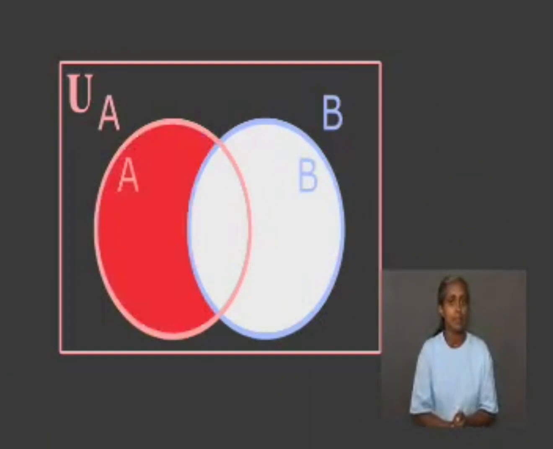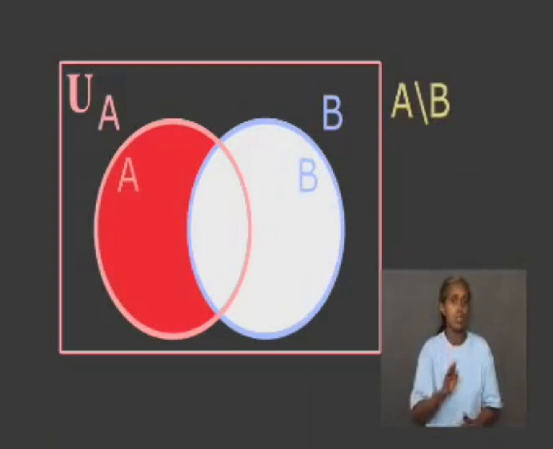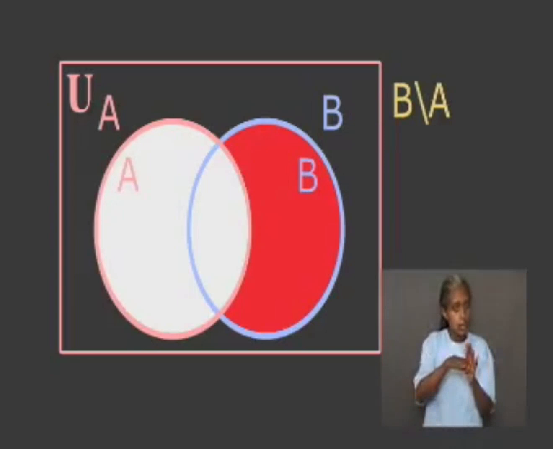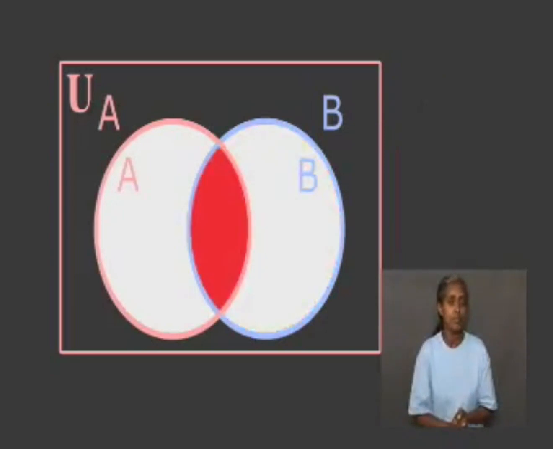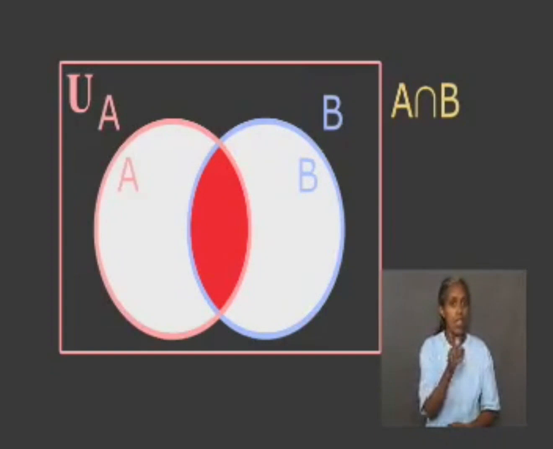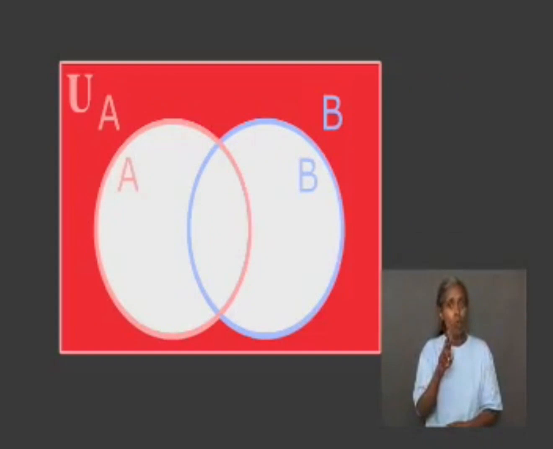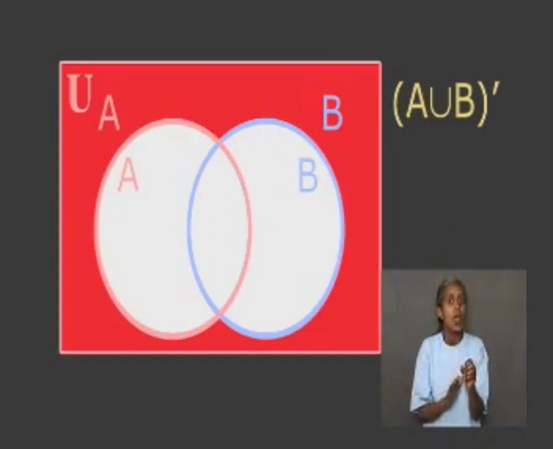In the first region, the elements are in A, but not in B. This represents A less B. The second region has elements of U in B, but not in A. This represents B less A. The third region has elements that are in both A and B. This is the intersection of A and B. The fourth region has all the elements of U that are in neither A nor B. This is the complement of the union of A and B.